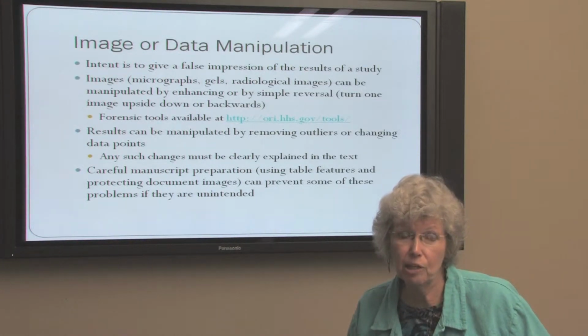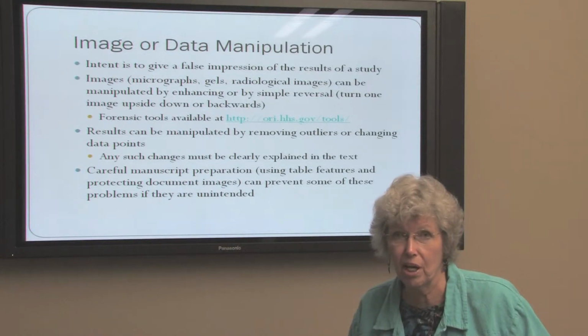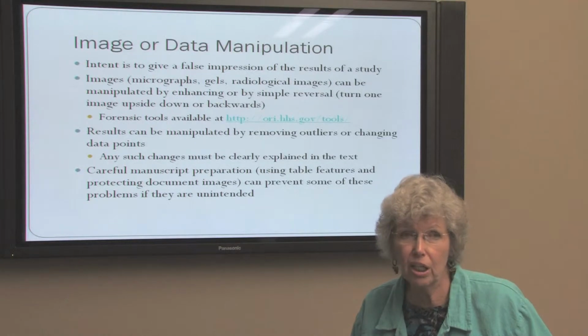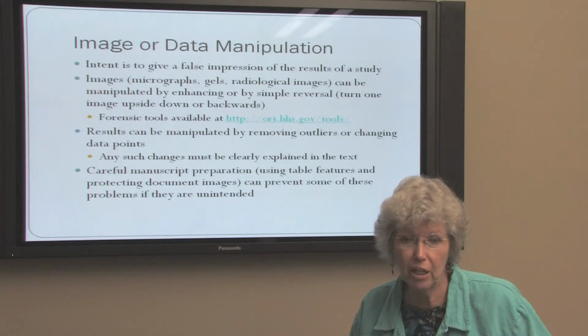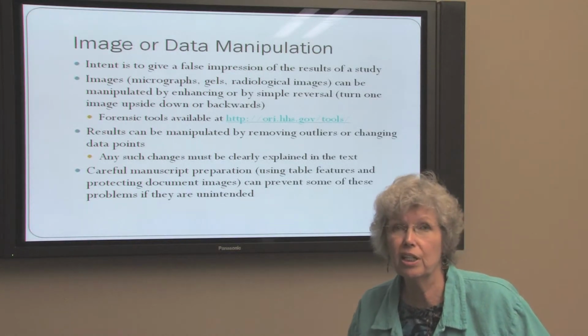So I see sometimes tables that create a false impression because the columns are misaligned. So you have the wrong data in the wrong columns. And it's very important when you prepare your manuscripts that you prepare them properly so that these things don't happen.